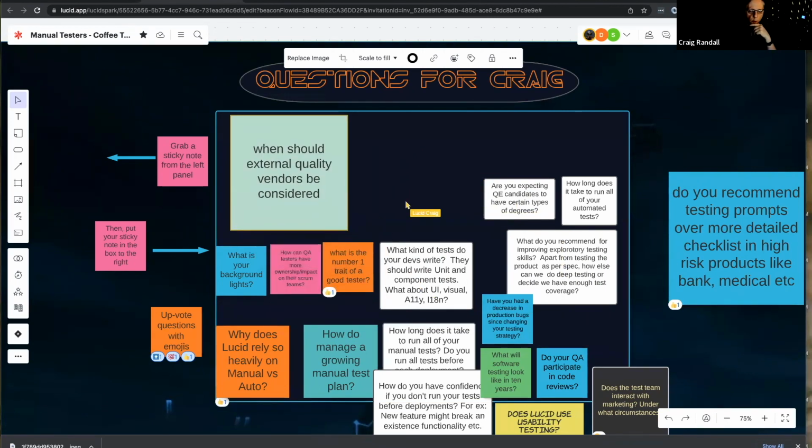When should external vendors be considered? Never. I mean, that's my preference. I guess external vendors would be considered when you need a stopgap measure for a short period of time while you're attempting to transition.